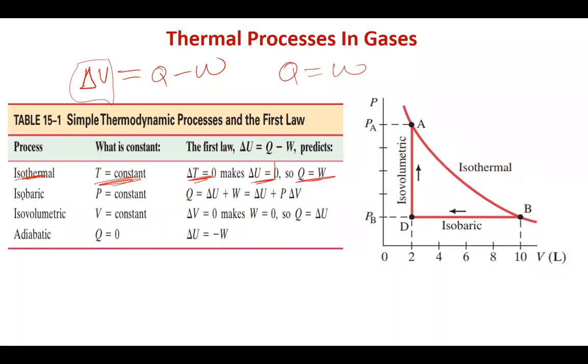And then when you talk about isobaric, it means that the pressure is constant. When the pressure is constant, you have Q is equal to the change in internal energy plus the work, which can also be written as the change in internal energy plus P delta V. Then isovolumetric, also known as isochoric, means V is constant, and when the change in volume is zero, the work done will also be equal to 0.